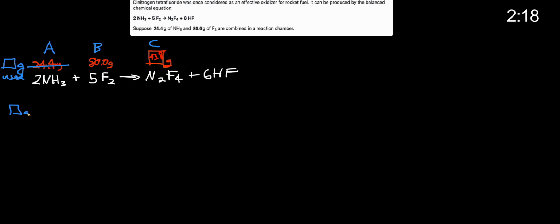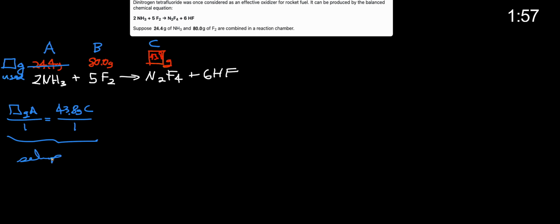We're going to calculate how many grams of A did we use to get 43.8 grams of product. And again, it's a similar setup. We're going from C to A. Our setup reads, how many grams of A do we need to make 43.8 grams of C?